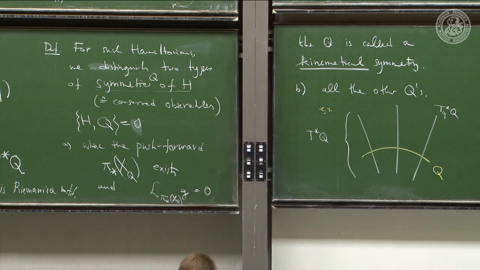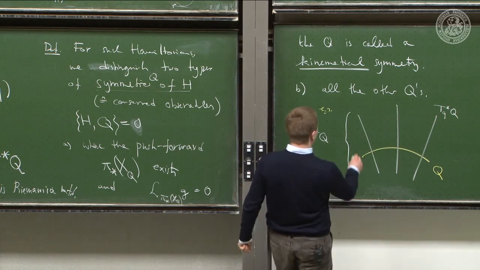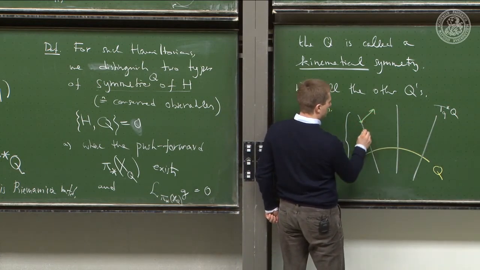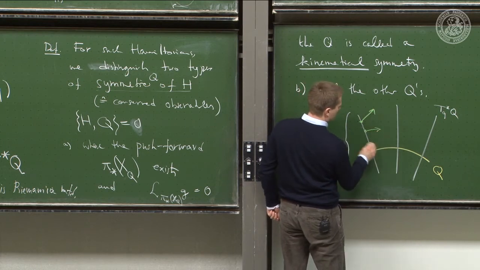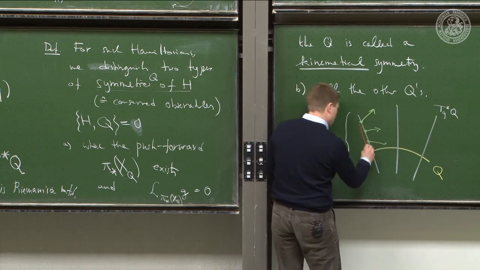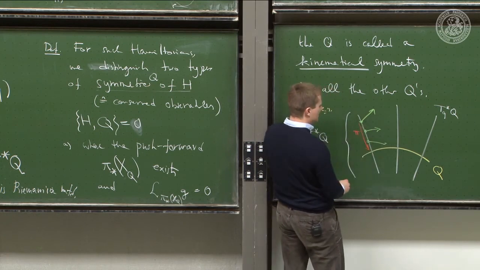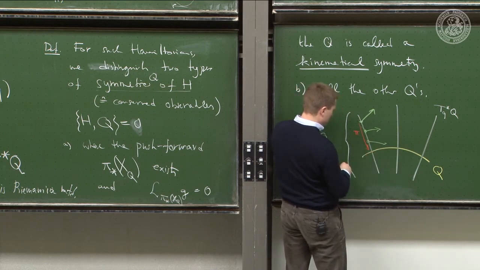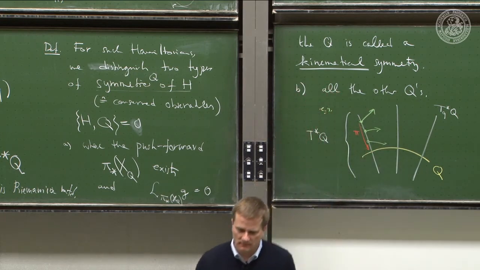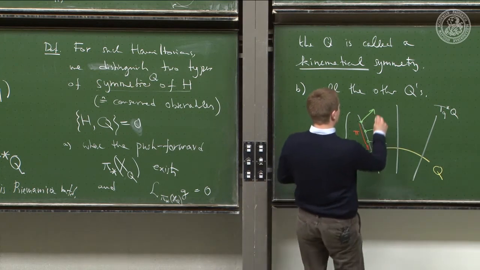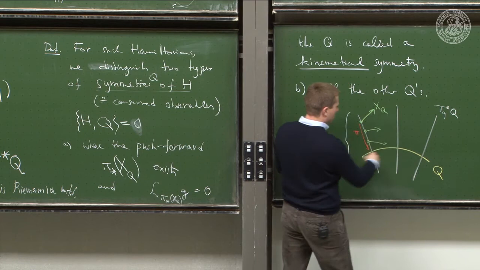And now assume I have a vector field on this cotangent bundle that looks like this, and assume that under the projection map that takes me down here, this guy is mapped to this green guy, which could be the xq vector field.